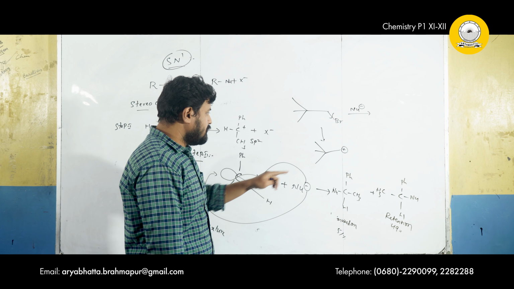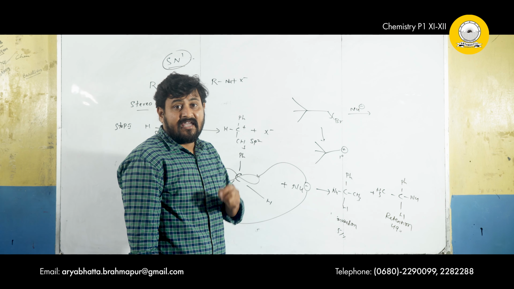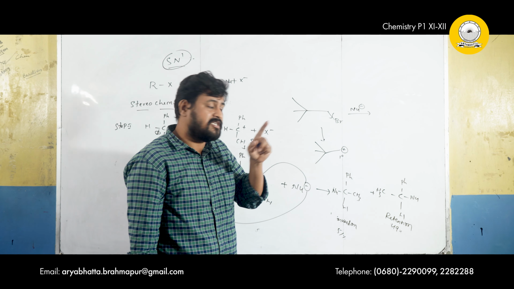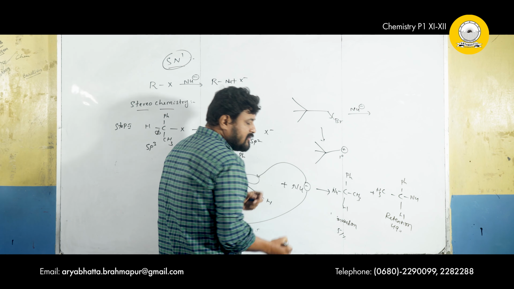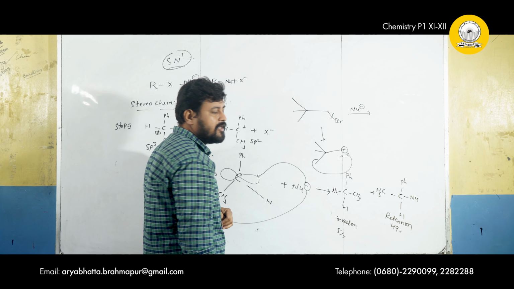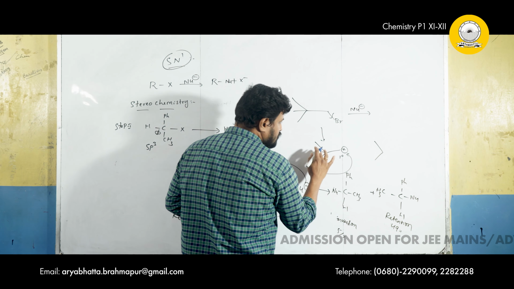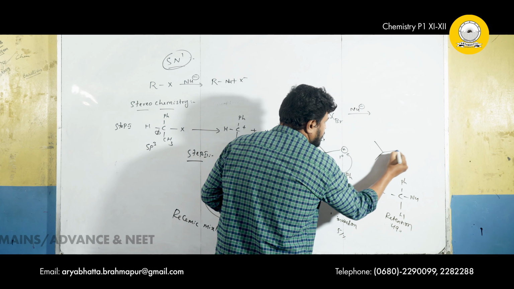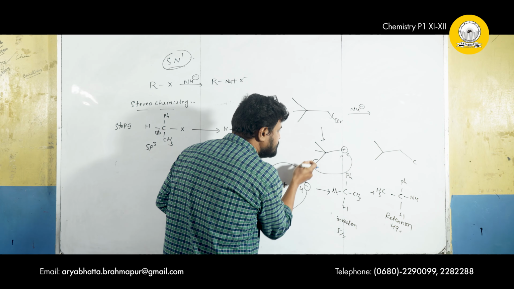But here the carbocation is a primary carbocation. Rearrangement may be possible. If the adjacent carbon has three methyl groups, one methyl group can shift to this carbocation. Here two methyl groups remain on that carbon, and this C plus is connected to this methyl, and this methyl group is shifted.